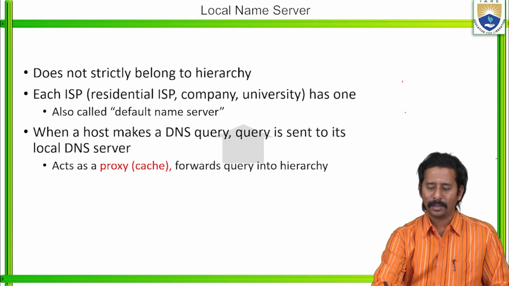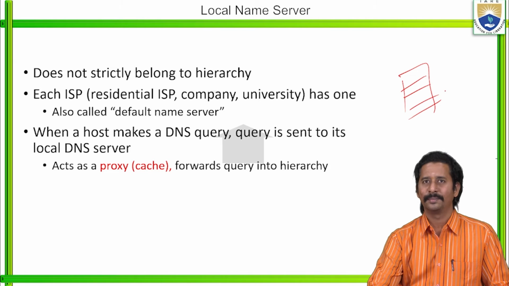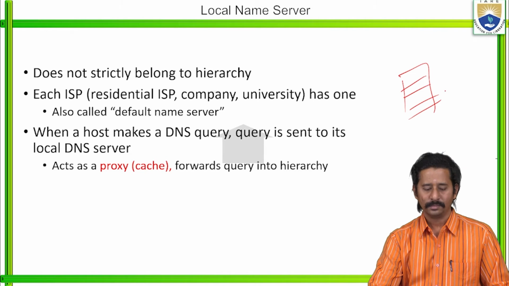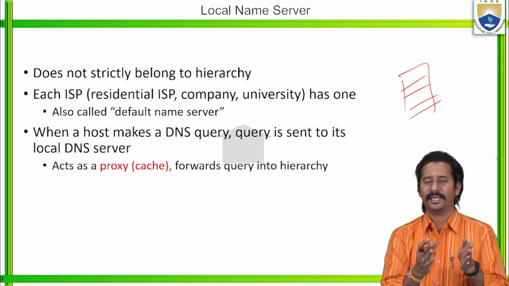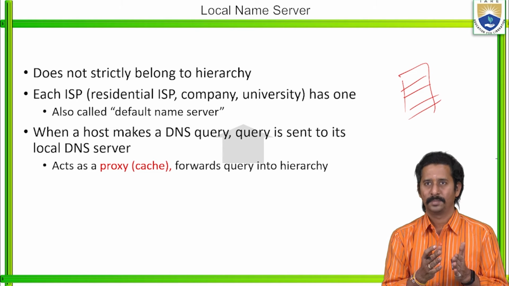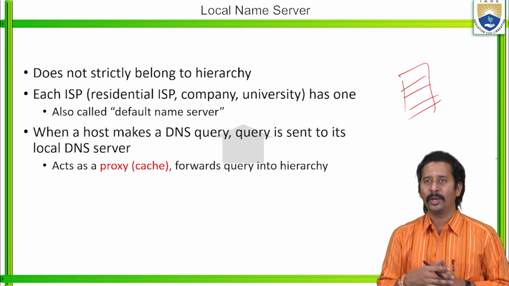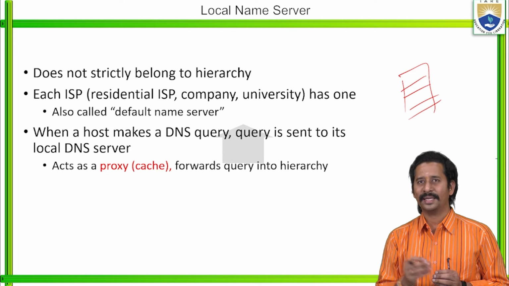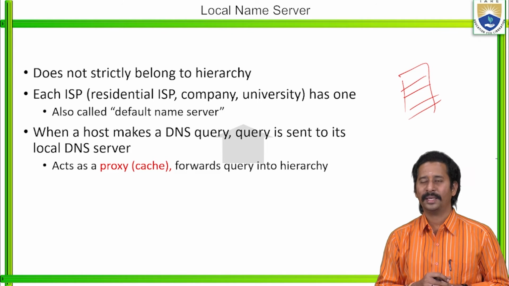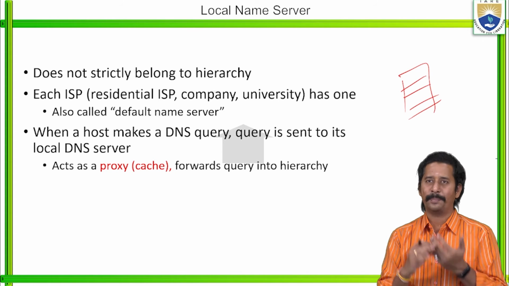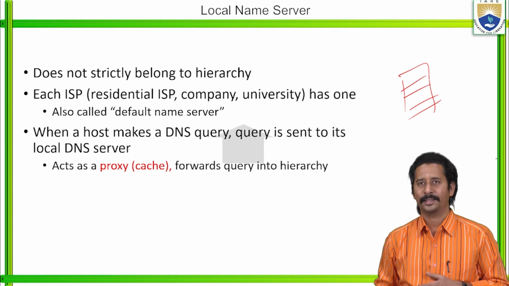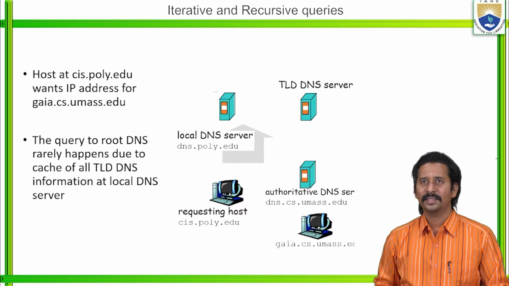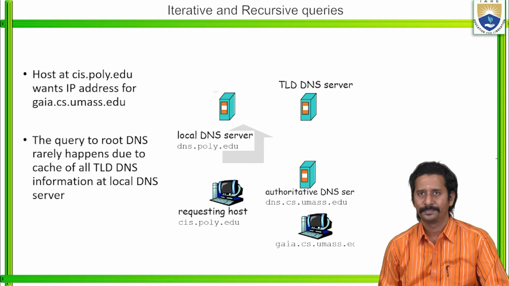Right? So that particular local DNS server acts as a proxy, just like an intermediate cache memory. It just forwards the query into the hierarchy. So once that particular IP address is mapped, then based upon that particular request, that particular web page is extracted. See, these are the iterative and recursive queries.